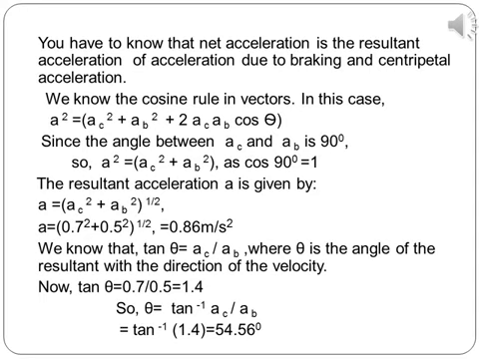It is given by A is equal to AC square plus AB square whole raised to 1 by 2. It is equivalent to the square root of AC square plus AB square. By substituting the values of AC and AB, we get it is equal to 0.86 meter per second square.